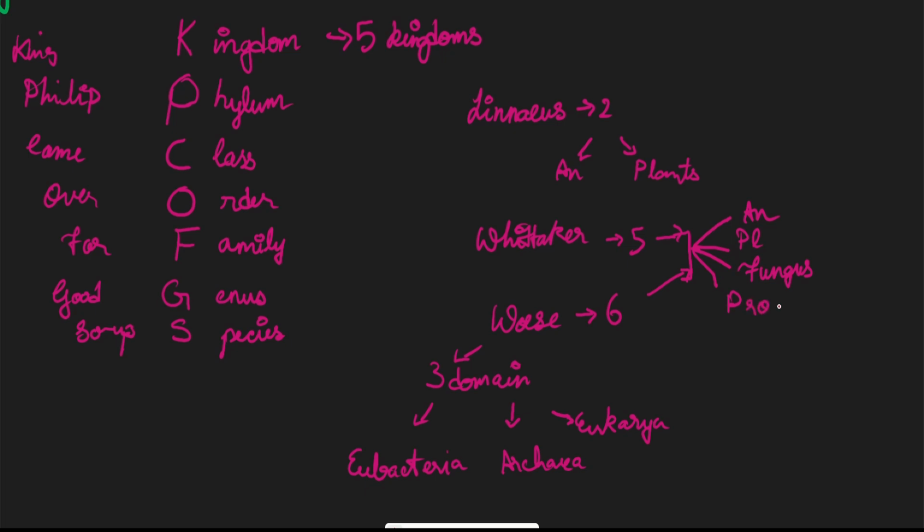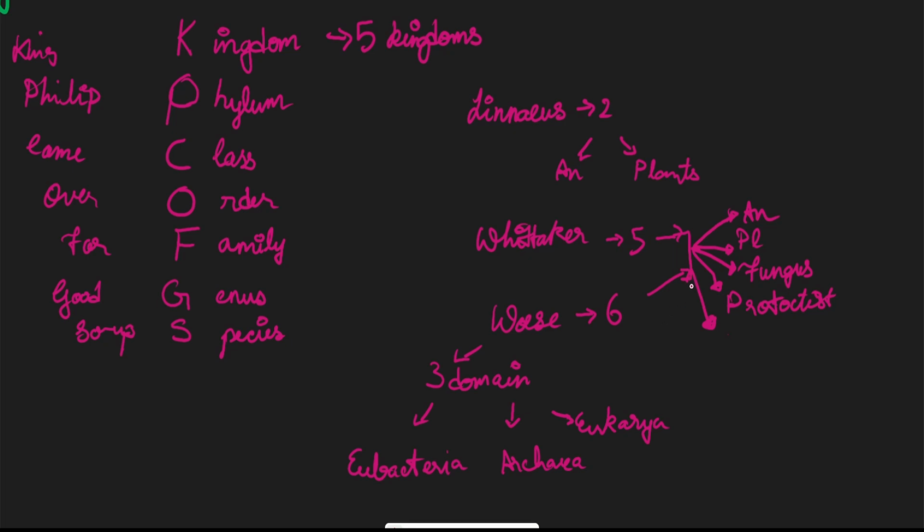Now, where the difference comes is while Whitaker classified the 5th kingdom as prokaryotes, Woese went one step further and subclassified them from prokaryote to eubacteria and archaebacteria.